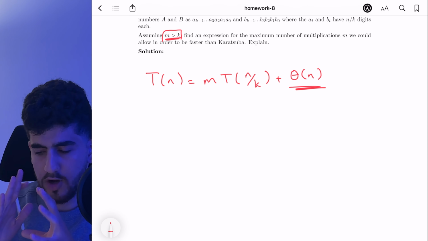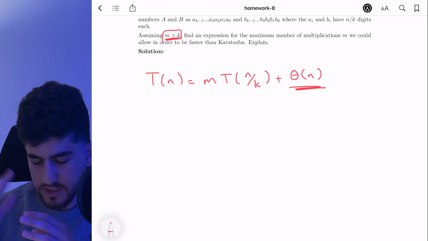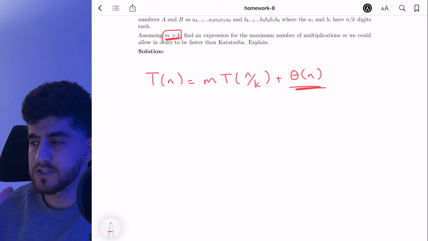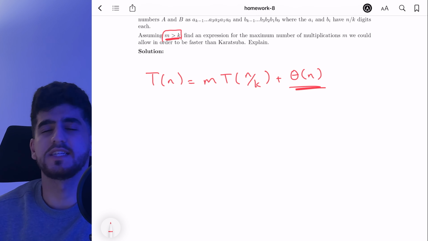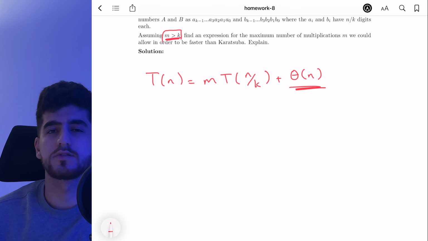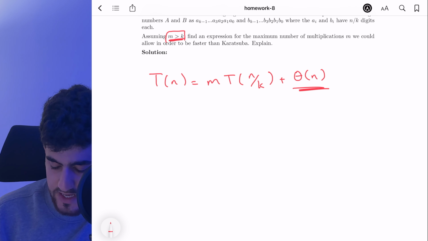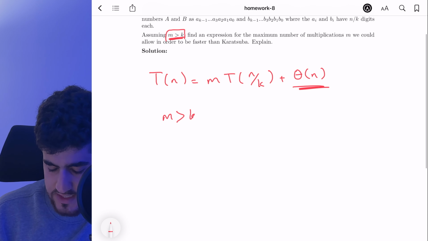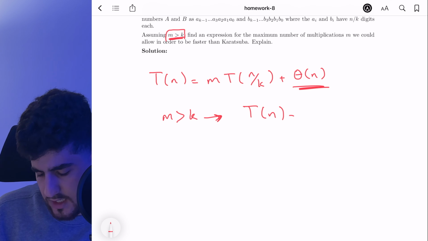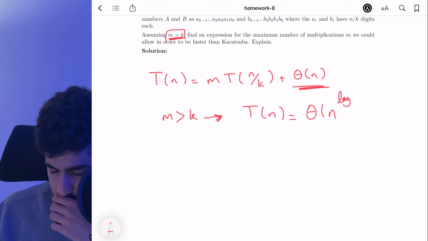We have only a constant number of additions or shifts, for example 4 or 5 or 6, and each one of them takes theta of n time. So in total, it's going to be theta of n, and we're going to have m times T of n over k. And as I said, when m is greater than k, based on the master theorem, T of n is going to be theta of n to the power of log of m in base k.